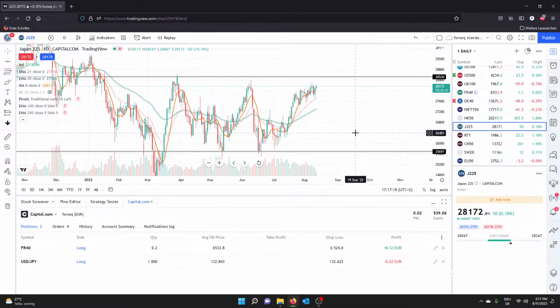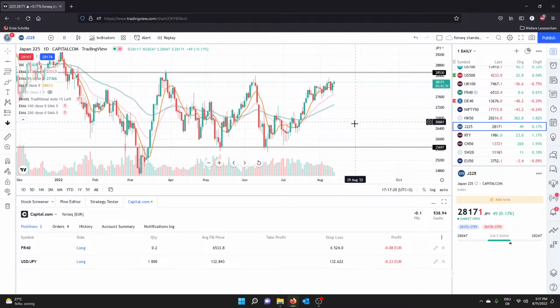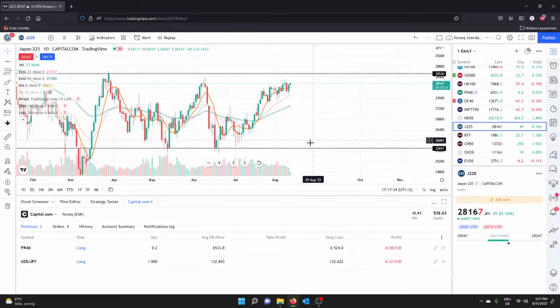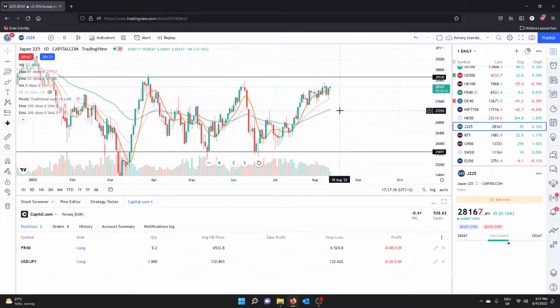yeah, I mean, Japan looks really nice. I think we have a nice range here, resistance, support, and it could very well be that the prices go down again. But one thing I don't like here is, as we see here, the prices went up pretty fast and then went down pretty fast.